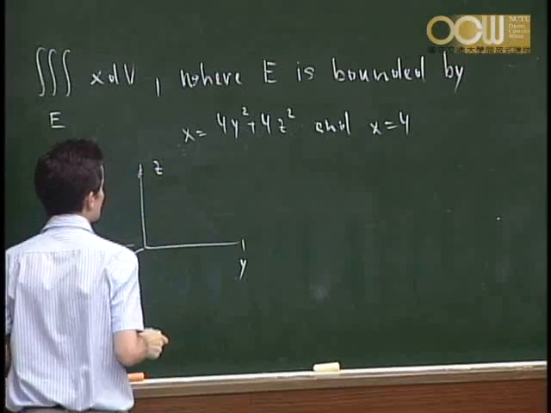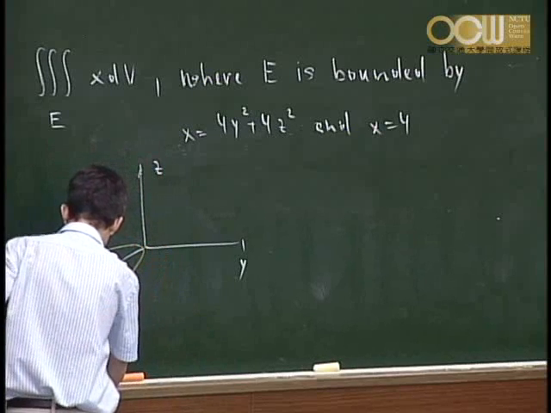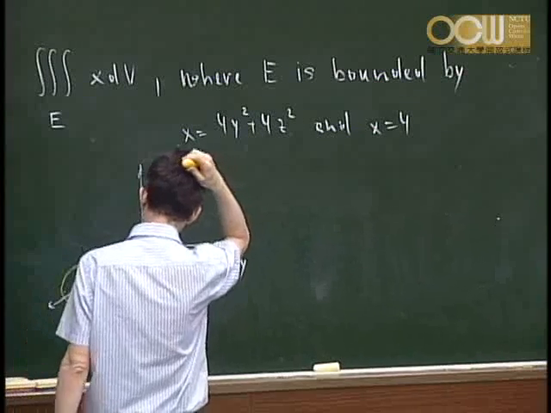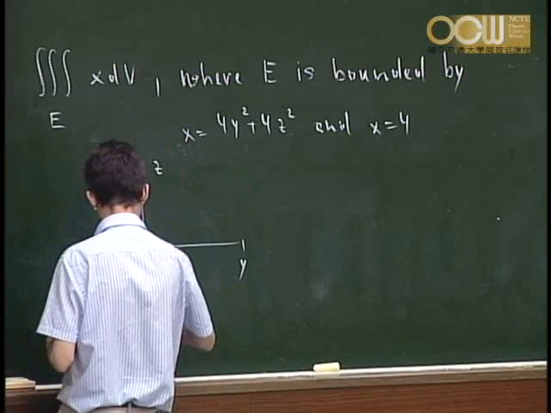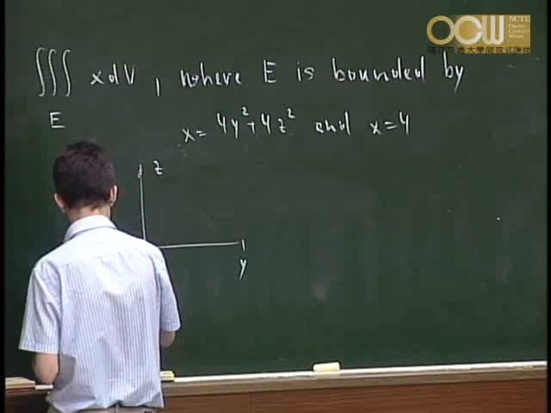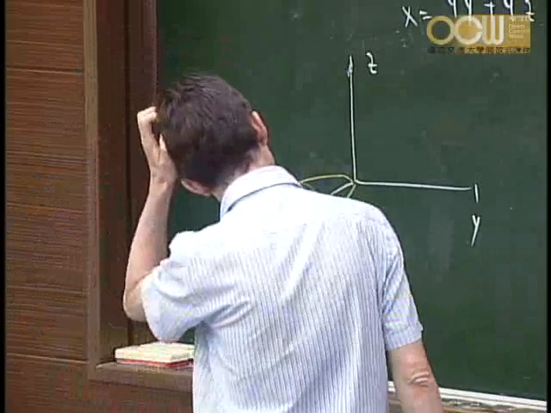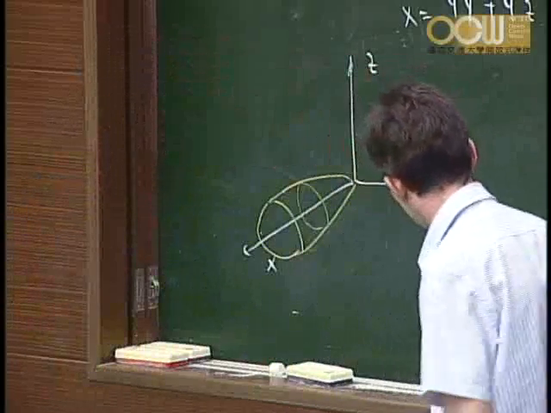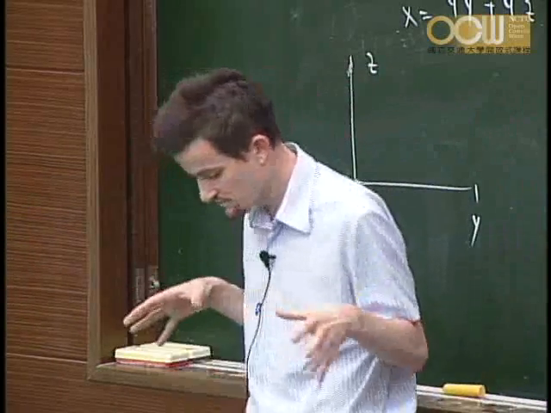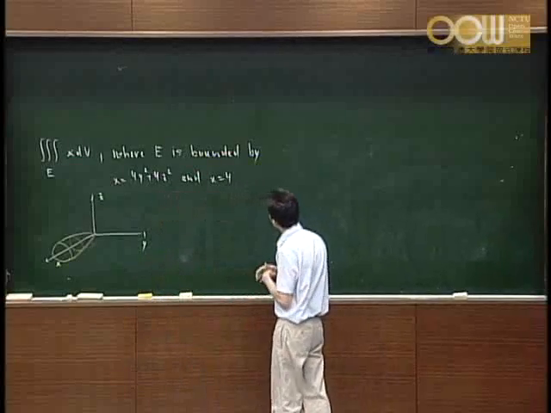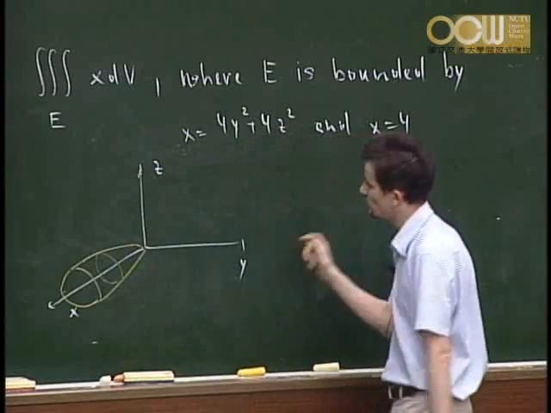This is the elliptic paraboloid. It doesn't look very pretty, but it's okay. This is kind of like a cup, and you cut it off at x equals 4. So in the x direction you go from 0 up to 4.